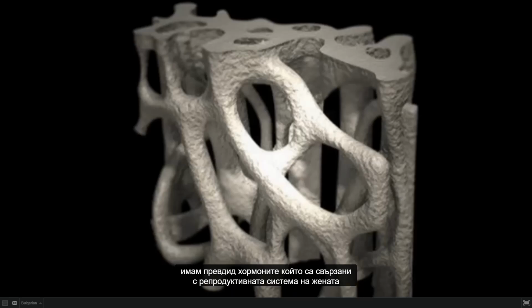I mean the hormones related to the reproductive system of the woman, or if some diseases are related to genes.